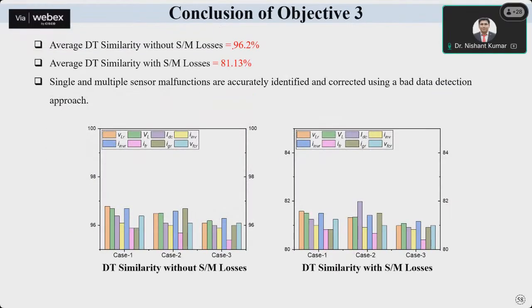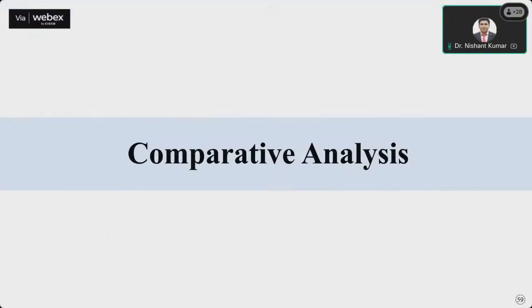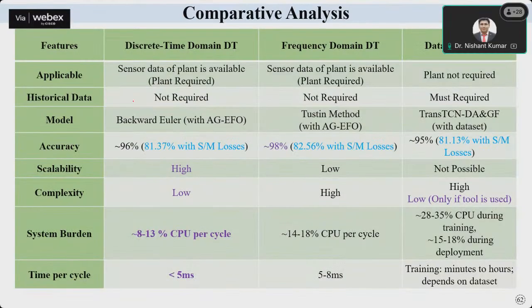Accuracy is 96.2%, which is lower with respect to that. If you compare all three, discrete time domain, frequency domain, and data-driven, the discrete domain is good for the application side. The data-driven one is for when the plant is not ready to provide the required data. Then there you will use the data-driven DT model. So this one is not for the actual plant. For the actual plant, go with the physics-based side, the time domain and frequency domain.